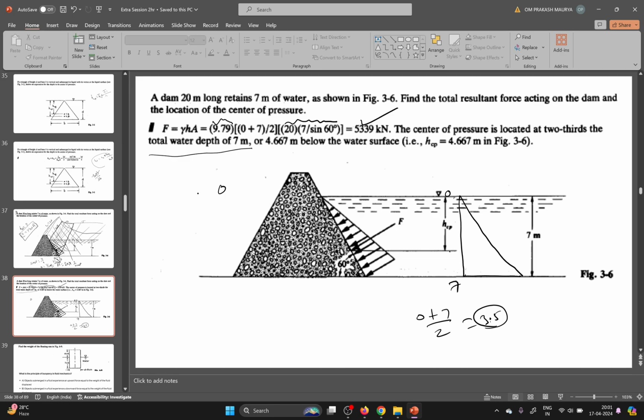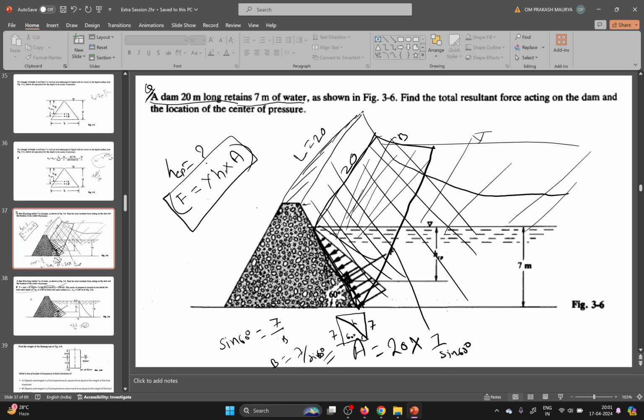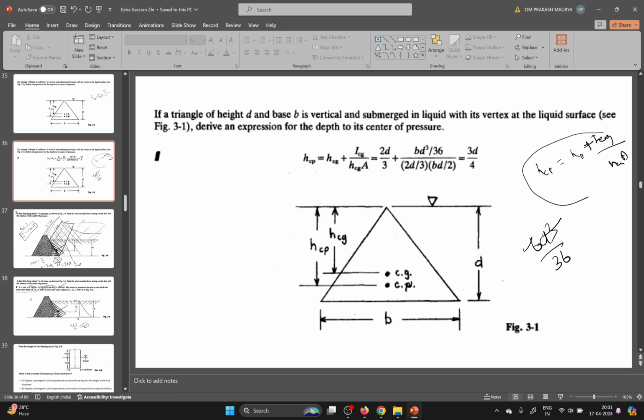In the above shape, which was a triangle, your center of pressure was around 3/4 of the total depth.